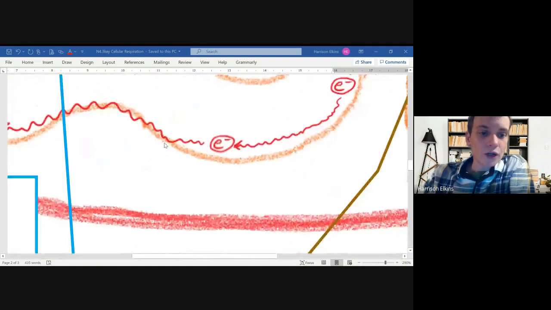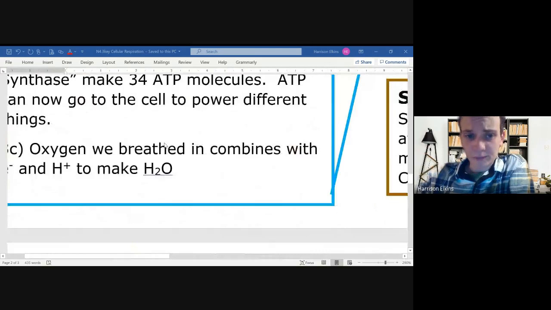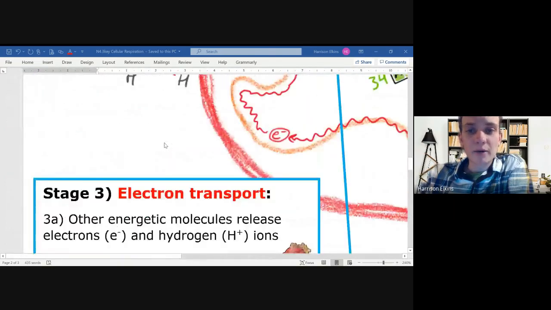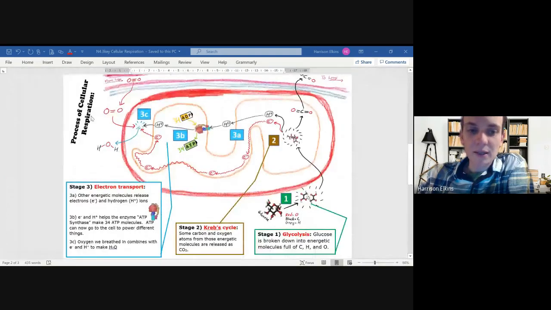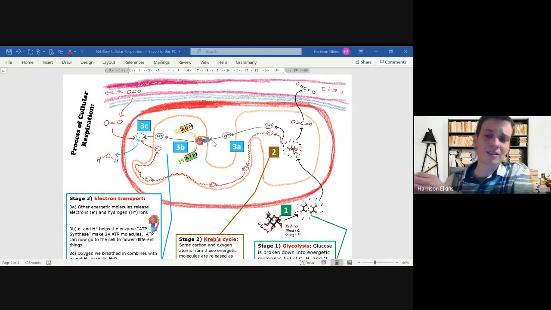So that is the process of cellular respiration. Again, remember, respiring is like breathing. I'm taking in oxygen and I'm releasing CO2, and that's how I break down sugar. And the main organelle doing that process is the mitochondria, using ATP synthase, which is a protein.